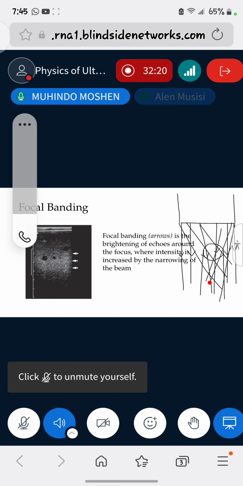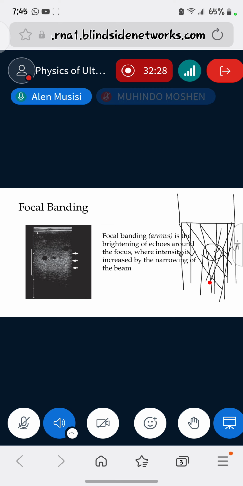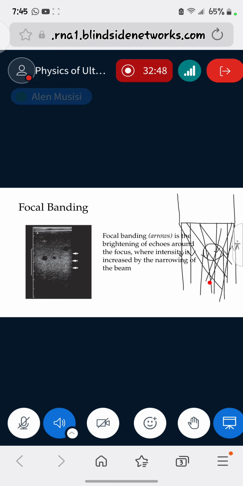So what is another way of reducing these artifacts other than spatial compounding? There's no any other way. Maybe you can scan from another window. For example, if in the previous window the beam was going through a structure which was casting a shadow, if you change to another window, you may not send the beam through that same structure.